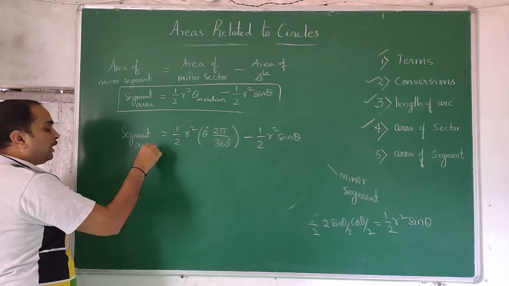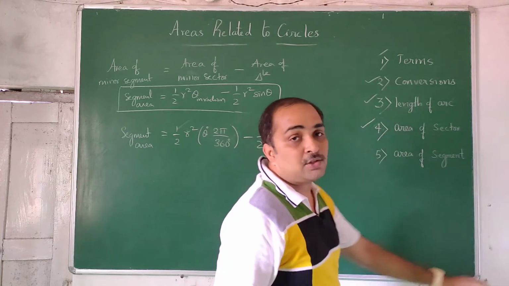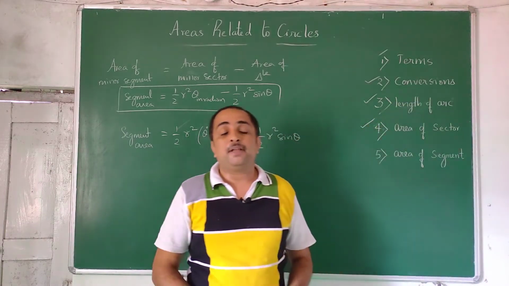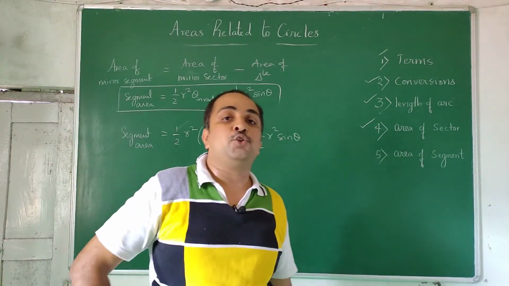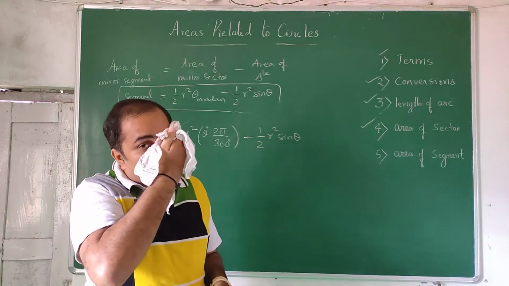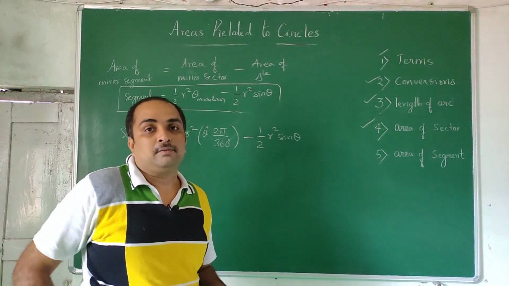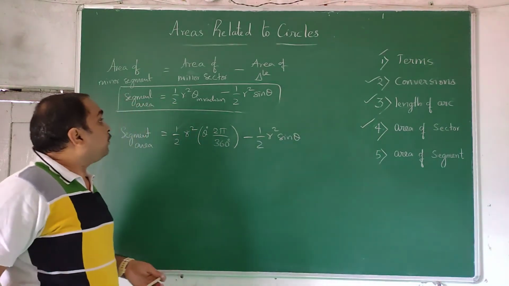See here, I'll tell you one thing, even though it's not given in textbook, the second part is not given in textbook, conversions. But if you learn conversions, it's a big advantage to you because you can convert radians into degrees and degrees into radians, and whichever formula is easy to you, that you can remember it. So sometimes formulas are easy.